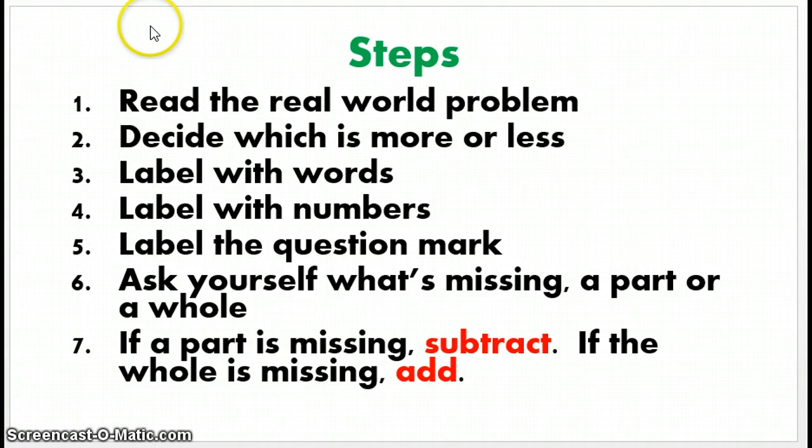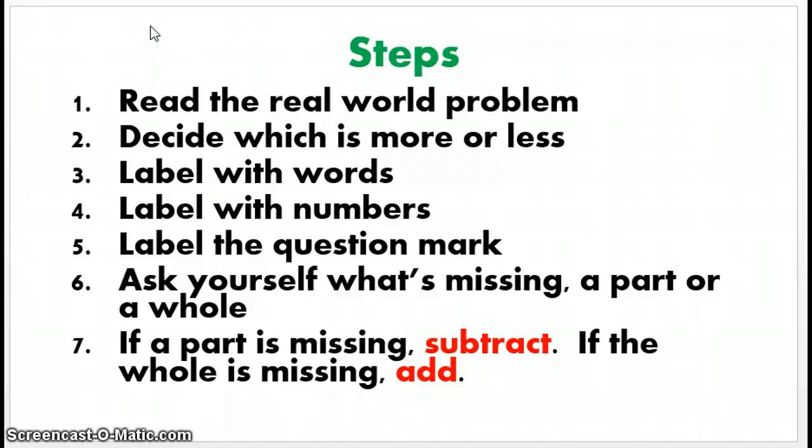Also, since this bar model is different than the other ones, I created some steps that will make it easy for you to do a comparing bar model, as long as you follow these 7 steps. And we've talked about these steps in class before. Number 1 is read the real world problem.